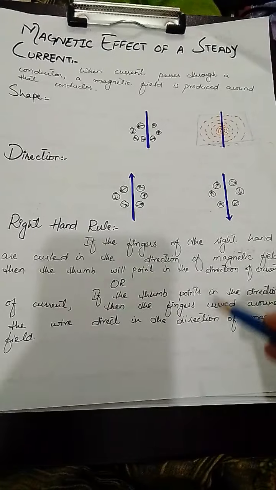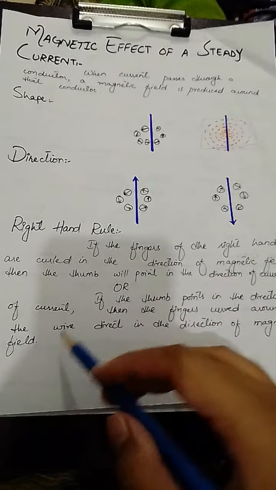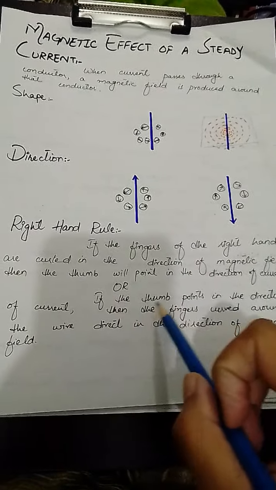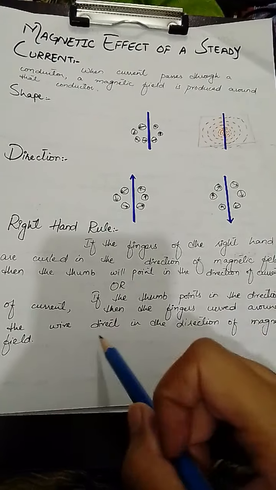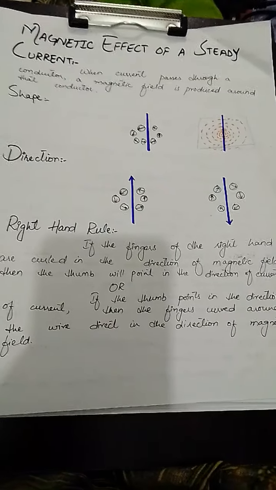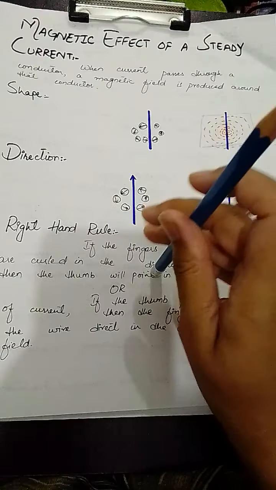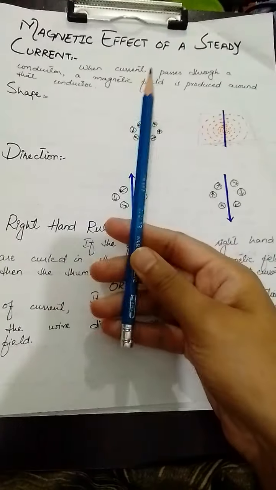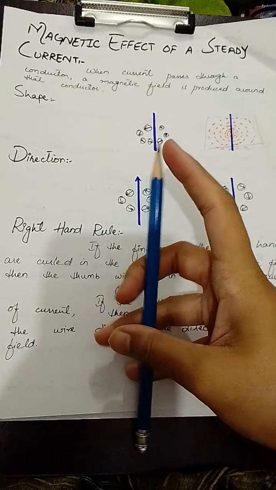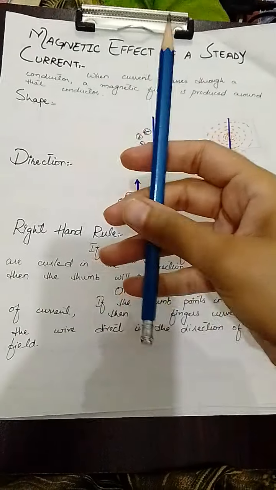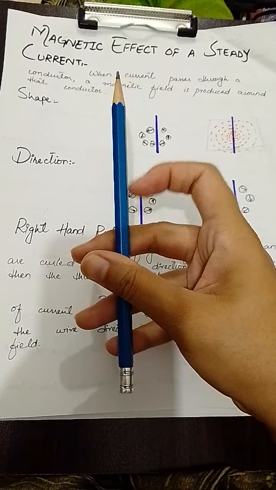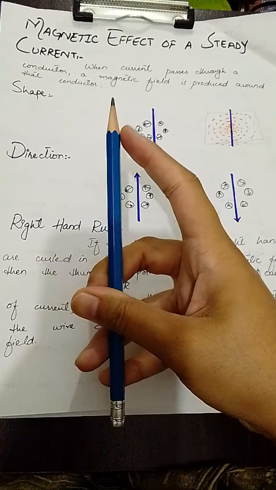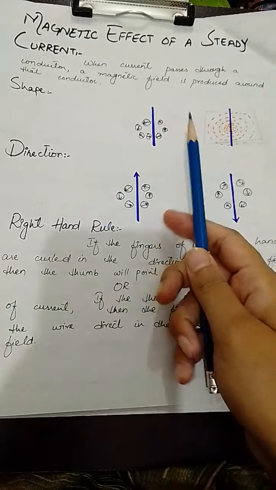Or, if the thumb points in the direction of the current, then the fingers curled around the wire point in the direction of the magnetic field. Keeping it simple, suppose this is our current carrying wire, and this is the arrowhead. It means that the current is flowing through this wire in the upward direction.